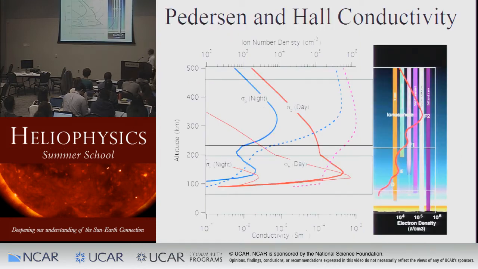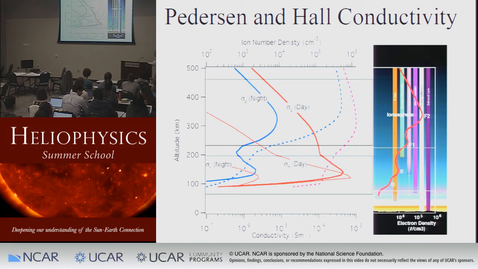We've now got ionization enhanced in this belt, and the enhanced ionization in a neutral gas through collisions leads to this process, represented by conductivities, the Hall and the Pedersen conductivity.